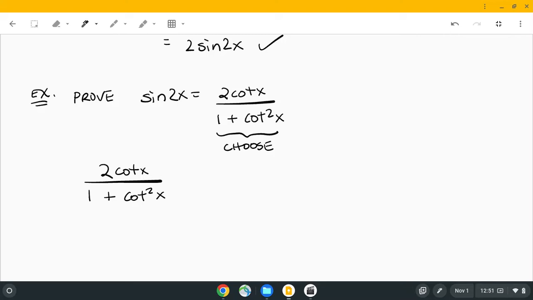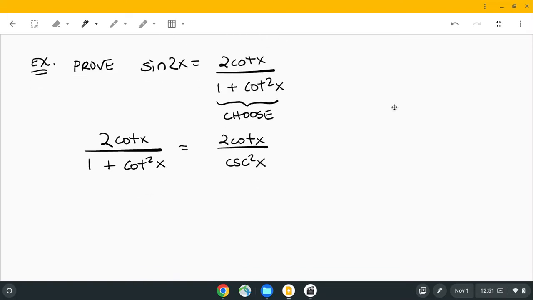Okay, so down here, whenever you see ones and squares, there's a high chance that it's probably a Pythagorean identity, and this one is. So 2 cotangent x in the numerator. Down here, this is actually equal to cosecant squared. Okay, cosecant squared.